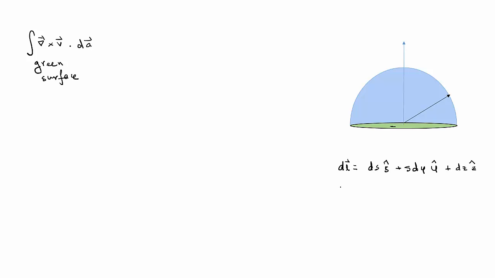z hat. So for the differential area element, if I wanted the S hat component, I would multiply these two guys. So it's S d phi dz, plus if I wanted the phi hat component, I would multiply these two guys.